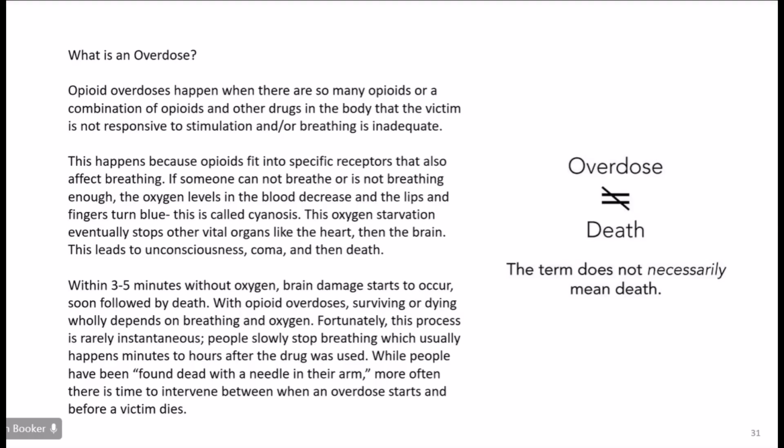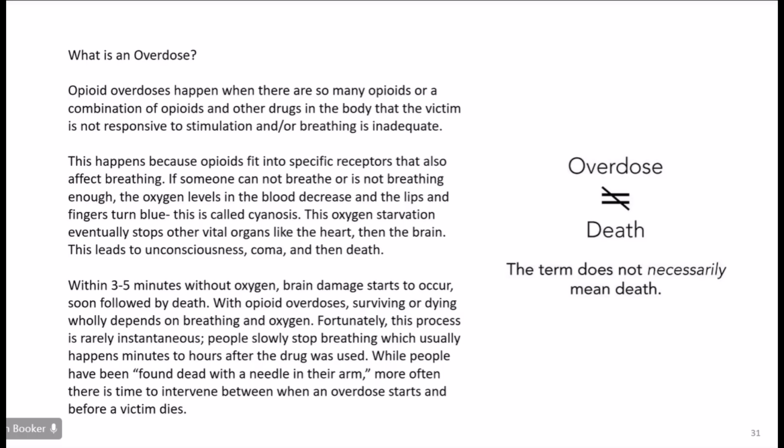What is an overdose? Opioid overdoses happen when there are so many opioids or a combination of opioids and other drugs in the body that the victim is not responsive to stimulation and or breathing is inadequate. This happens because opioids fit into specific receptors that also affect breathing. If someone cannot breathe or is not breathing enough, the oxygen levels in the blood decrease and the lips and fingers turn blue.